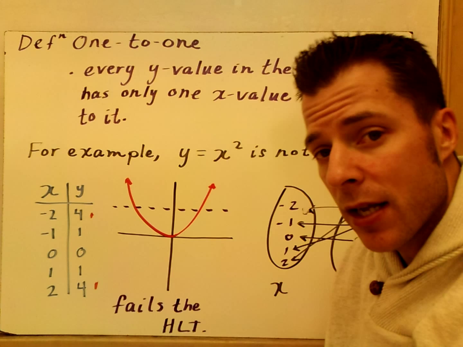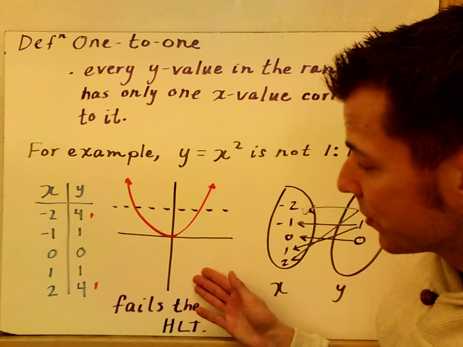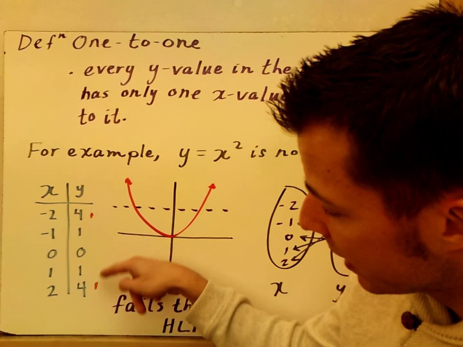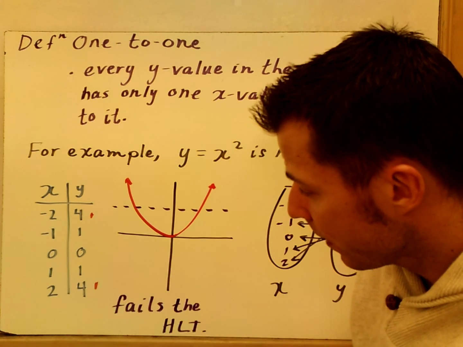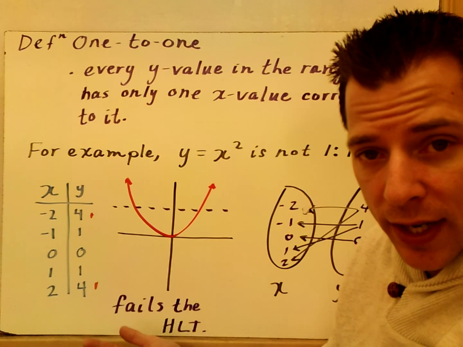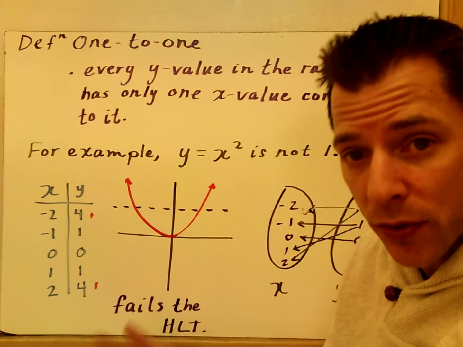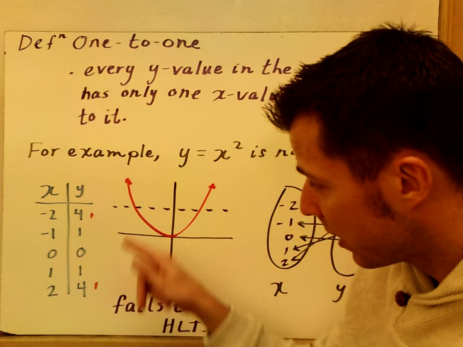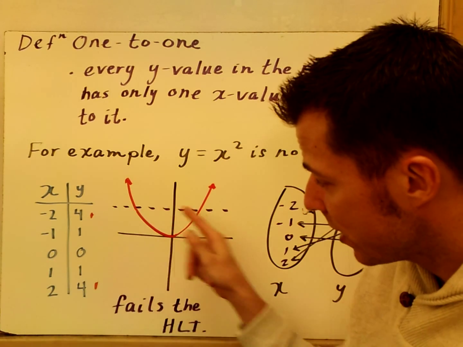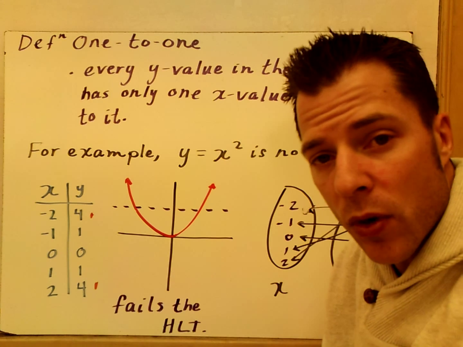Okay, an easy way to tell from a graphical standpoint, so tabular, you're looking at if a y value has two different x's going to it. You're going to see that a lot with quadratics, well, quadratics, 4th degree, 6th degree. But if your function fails the horizontal line test, so if you draw a horizontal line and that horizontal line touches your graph twice, you're not one-to-one.